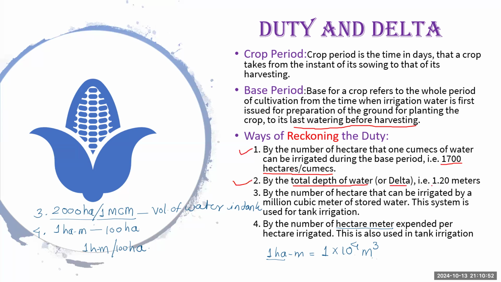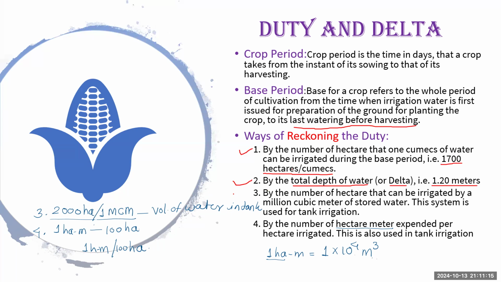In the previous case, the depth of watering was 12 centimeters and the number of waterings was 10, and that's why this value of delta was 120 centimeter or 1.2 meter. So this is the second way of expressing or reckoning the duty.